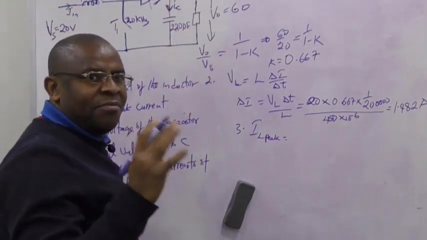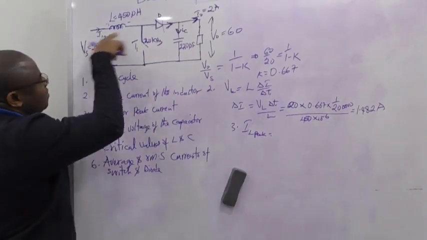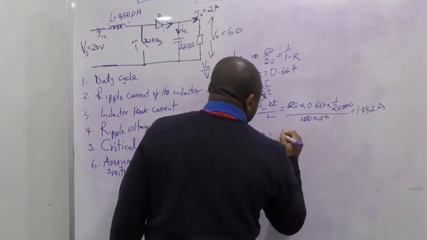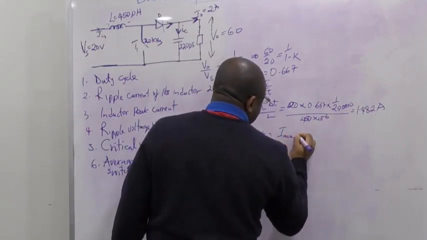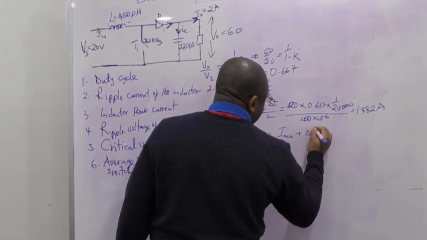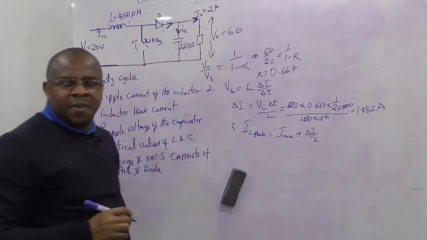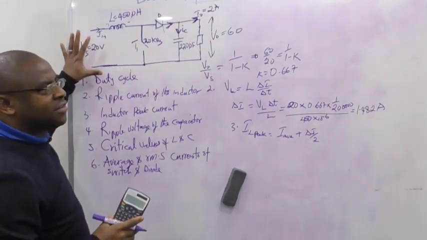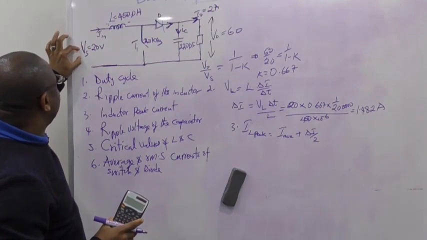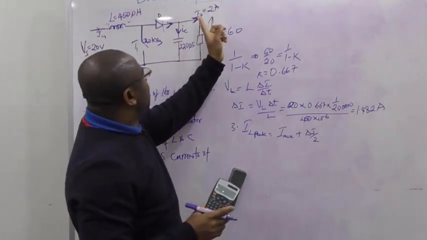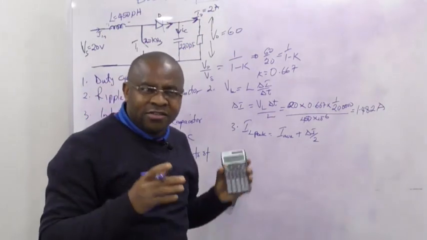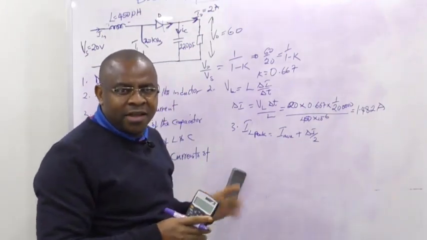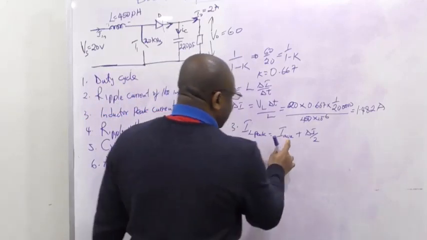If I know my I average, and I average is your I in, then I have I peak equals I average plus delta I over 2. Right now, we don't know I average, but I know V in, I know P, IO, and the VO. So let's just assume that this is 100% efficient, so power in equals power out. I don't know this, I just need to know this.